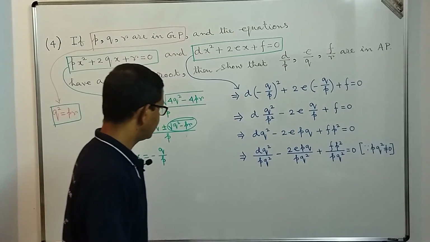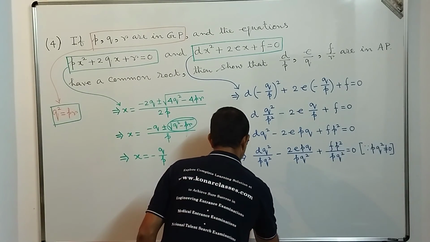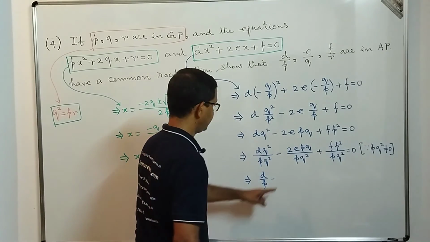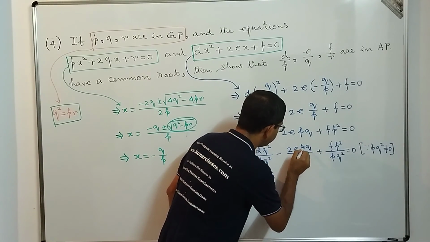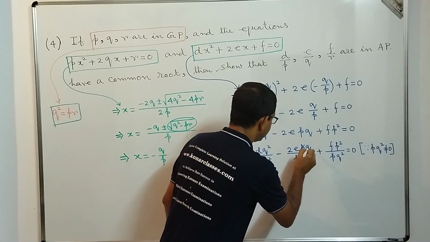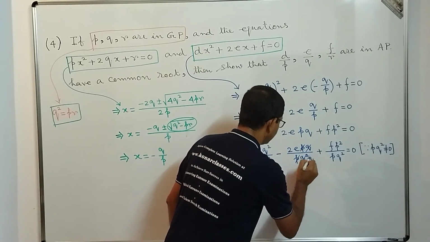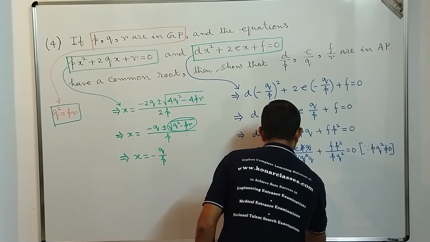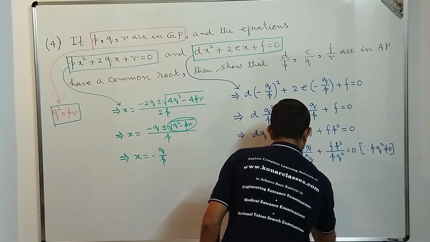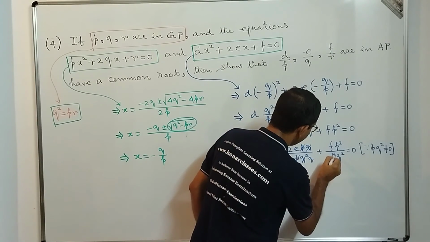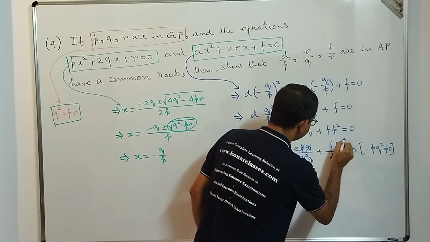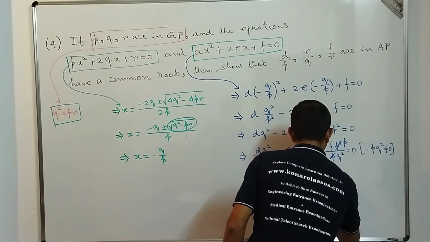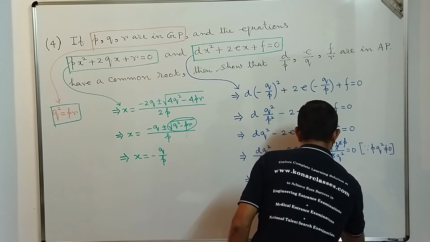Correct? So what are we going to get, dear students? From here we get d by p minus, here one p and one p get cancelled, and q and q square cancel, we get q. So minus 2 into e by q, plus, here one p and this p get cancelled, so we get f into p by q square, f into p by q square is equal to 0.